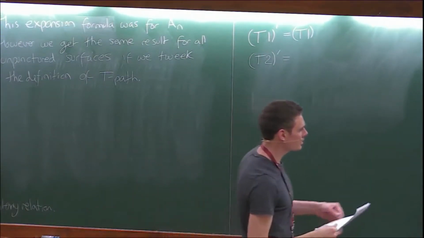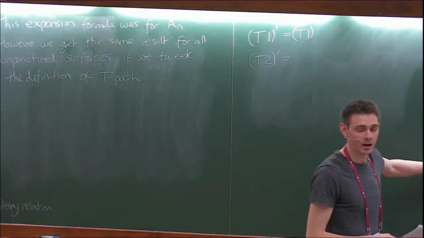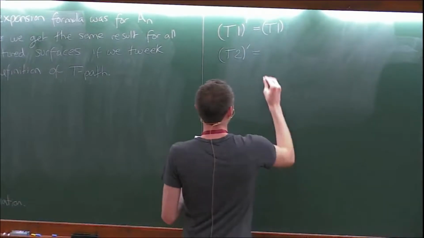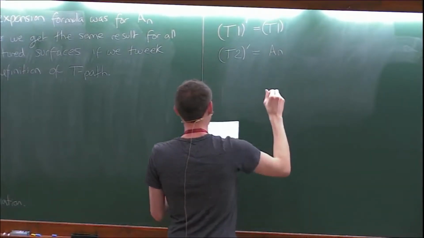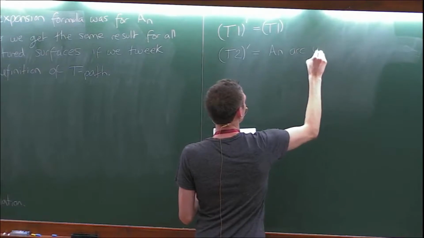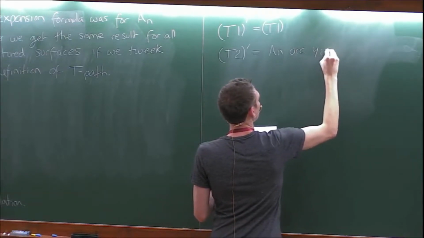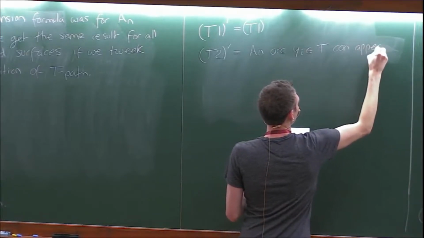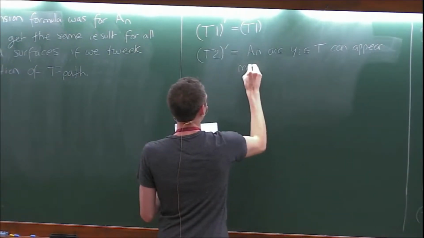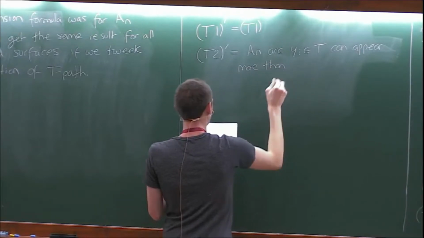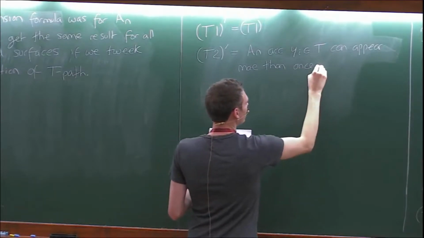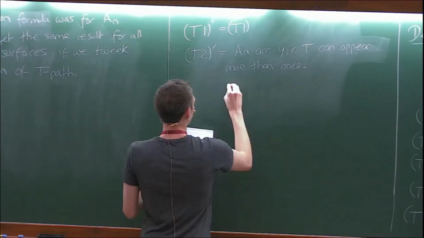T2 things change. Before we were just allowed to have an arc appearing just once in the t-path. And now we can have it more than once. But with the following restriction, we can't have any kind of silly cases. We can't go along the arc and then come straight back down it.